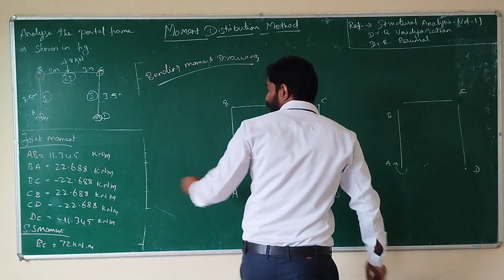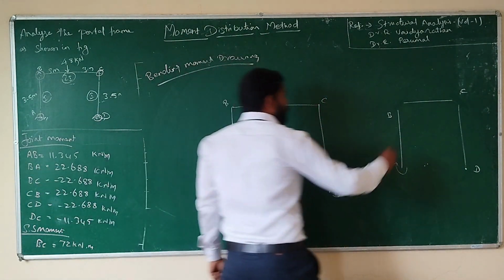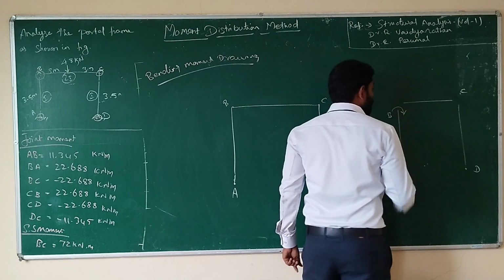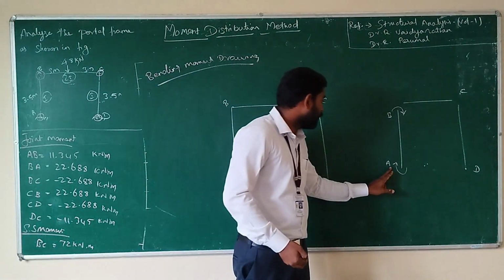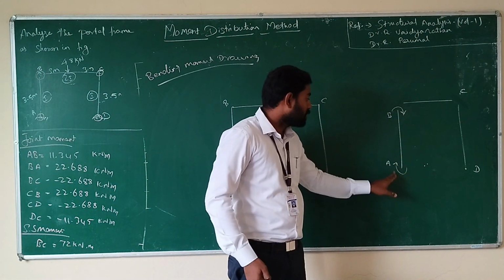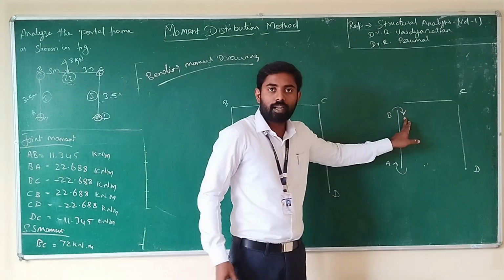Then the second one is BA, which is also positive, so I am going with the clockwise direction. For member AB, first clockwise, and then second also clockwise.